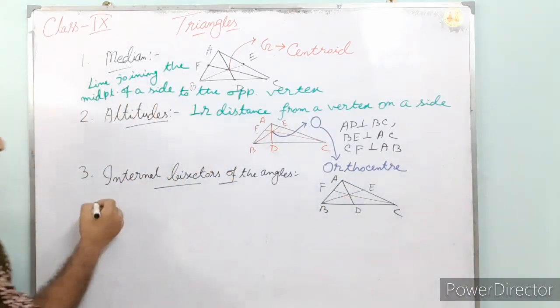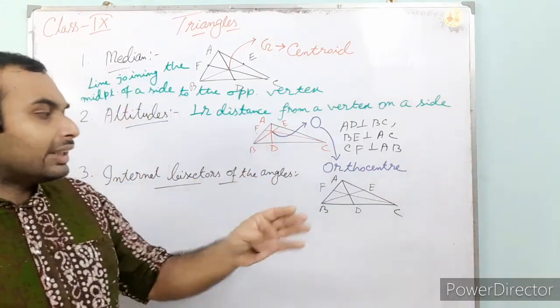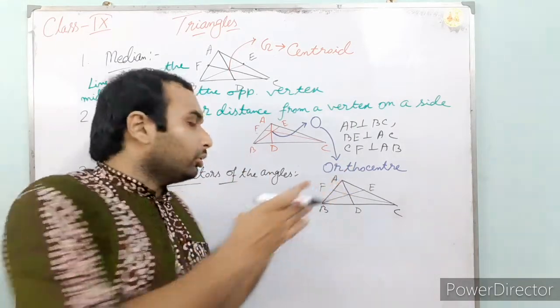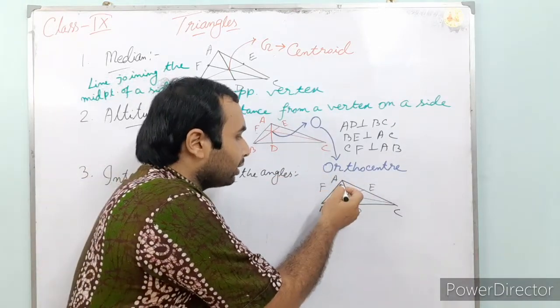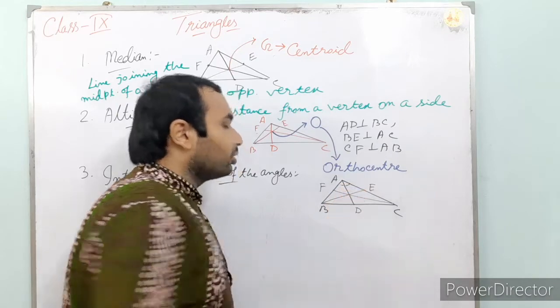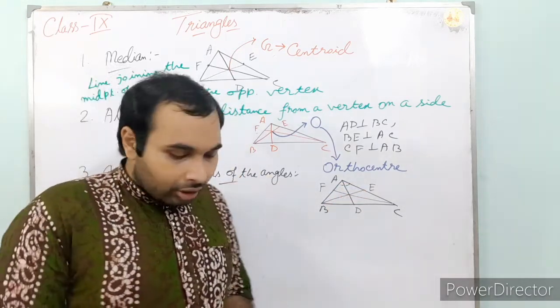So what I will say, for the bisectors actually you have to bisect those angles. If this is a 60 degree angle, then this will be 30 degree, this will be 30 degree, like that. You know what is the angular bisector. I am not coming to that.